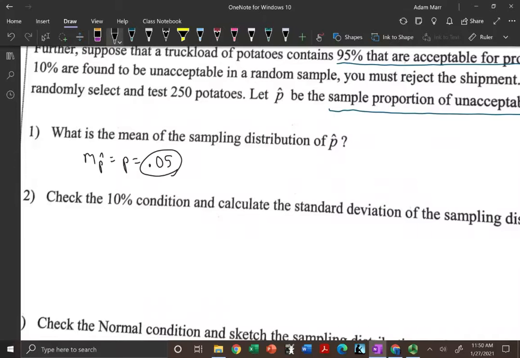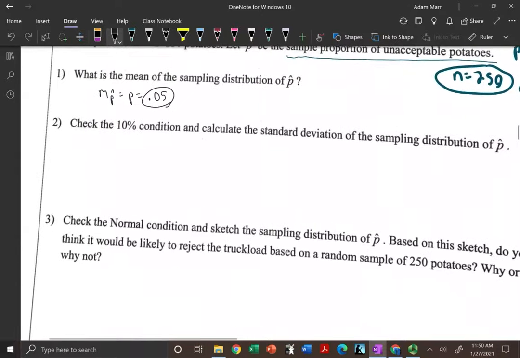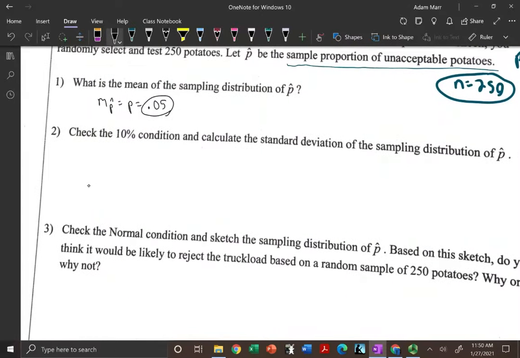Okay? Check the 10% condition and calculate the standard deviation of the sampling distribution of p hat. So that's right here. We're going to figure out the standard deviation of the sampling distribution of p hat. And that formula, if you recall, is the square root of p times q, which was 1 minus p, all over n. But we have to check the 10% condition first.